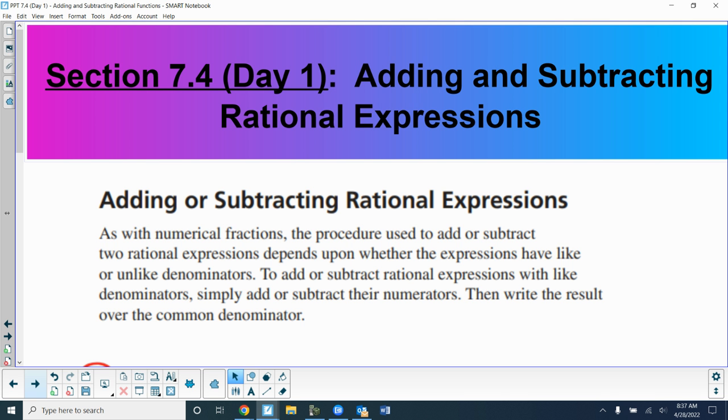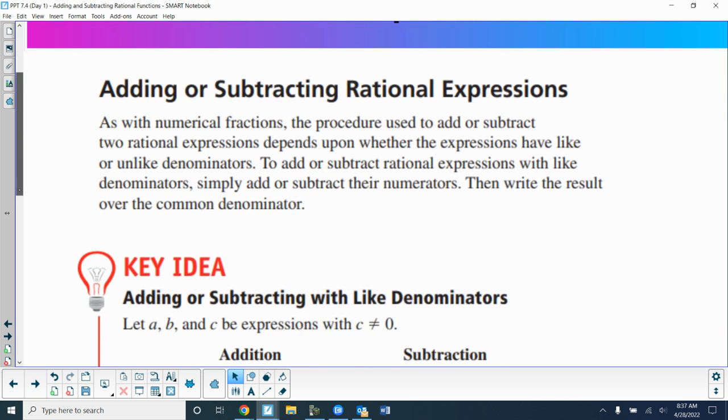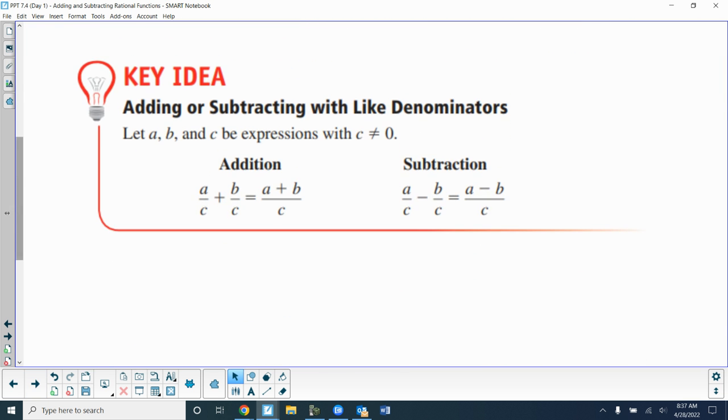All right, so today and tomorrow we're adding and subtracting these rational fractions, these rational functions. Rational means a fraction. In order to add or subtract fractions, you got to have a common denominator, right? So once you have a common denominator, all you do is add the numerators.